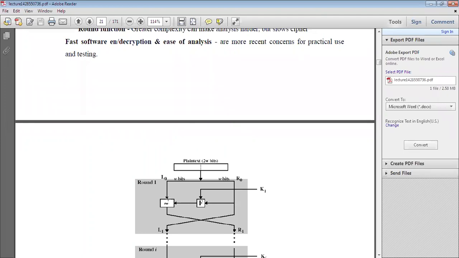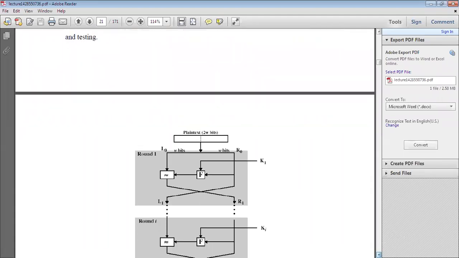This is then combined with the left side bits using the XOR operation. The output we get is sent to the right side, and the right side data, the plain text data, is given as input to the next left side bits. This is the way for however many rounds you want to perform.